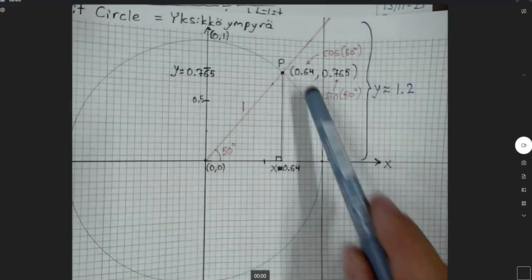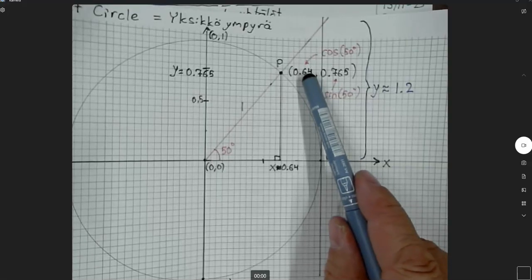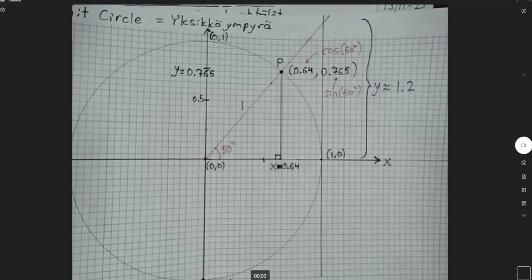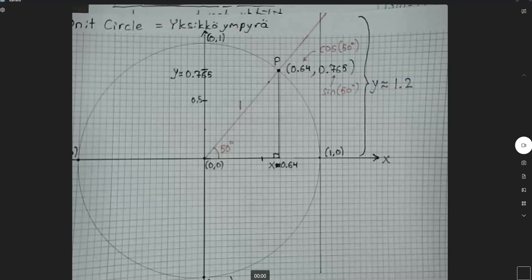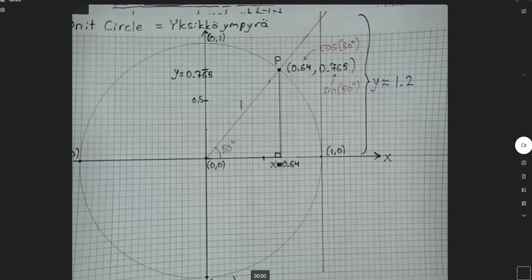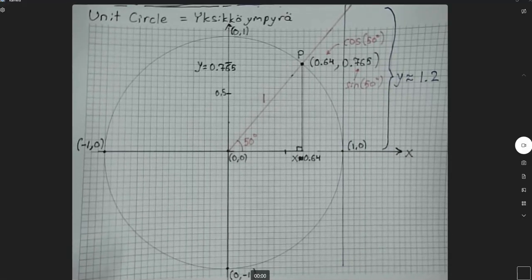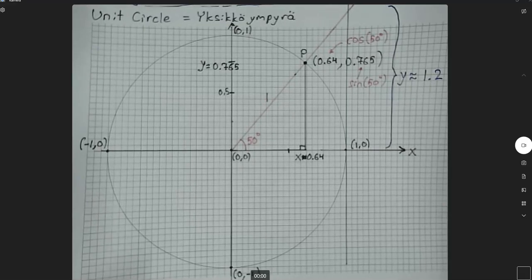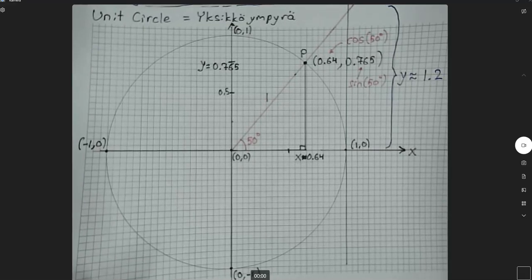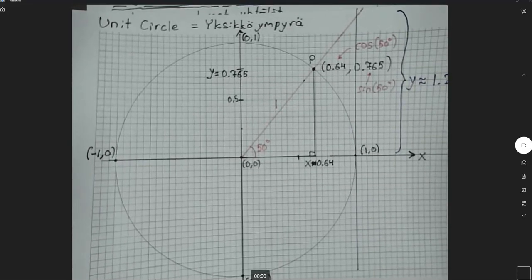Two-digit accuracy is enough for many practical applications. I think mankind managed to live for thousands of years, or at least hundreds of years, without calculators or tables of functions.